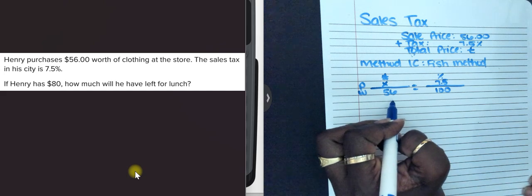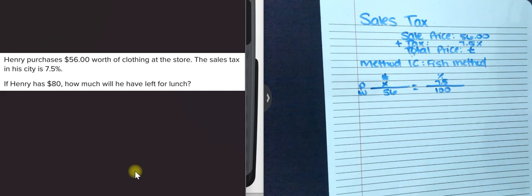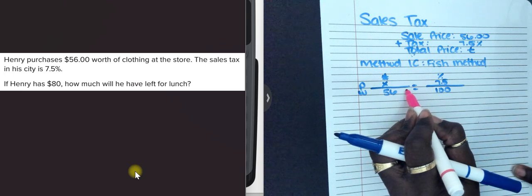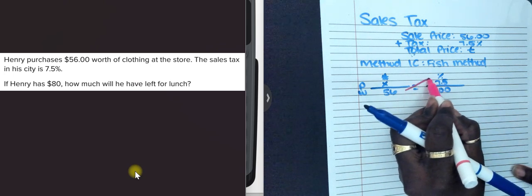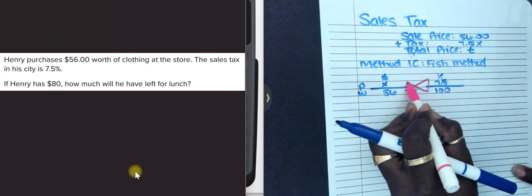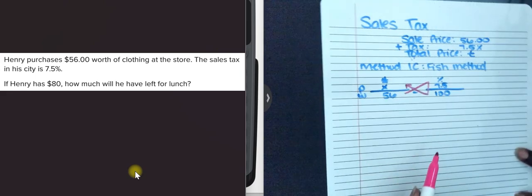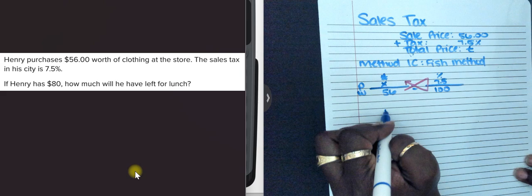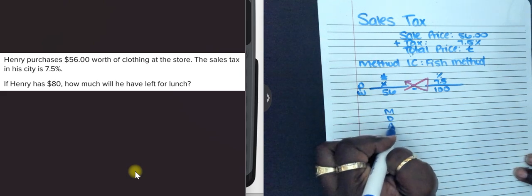Okay, so under the fish method, we know that we go to the side that has the variable and we look at what piece of information we already know. And we're going to cross multiply, we're going to divide, and then we're going to provide the answer. Okay, so let me write that down on here. We know that we multiply, we'll divide, and then answer.